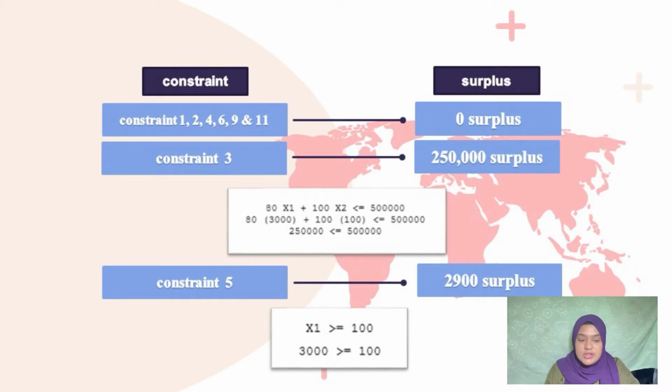And constraint 3 has 250,000 of surplus, which means this constraint is not satisfied as an equality, and it has 250,000 excess amount of resources in this constraint. And constraint 5 has 2,900 surplus, which means the constraint is also not satisfied as an equality, and it has 2,900 of excess amount in this constraint.